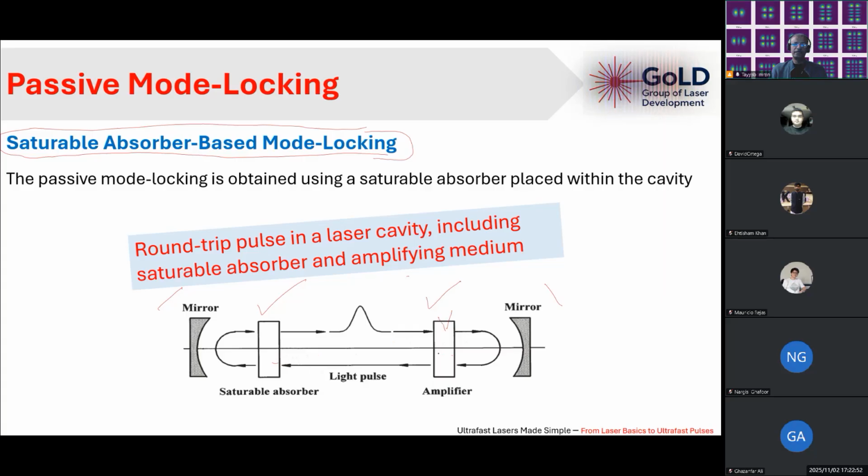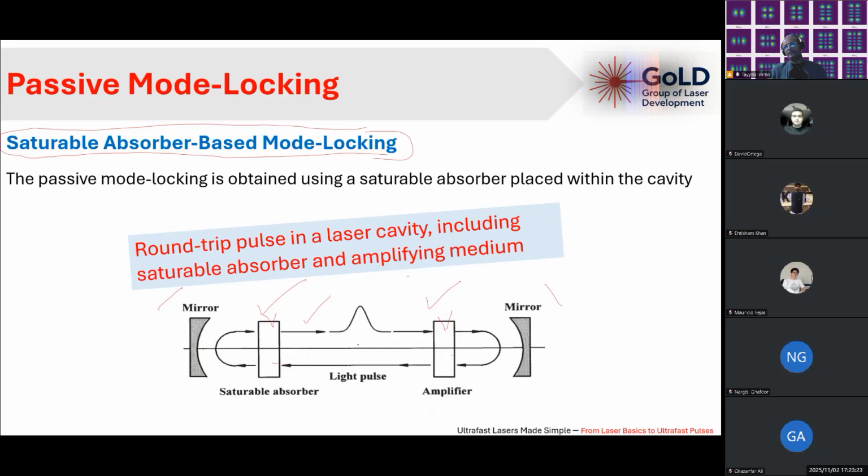In the gain medium, it amplifies. In the beginning, when the intensity is low, we have high loss. High loss means we don't get any output.